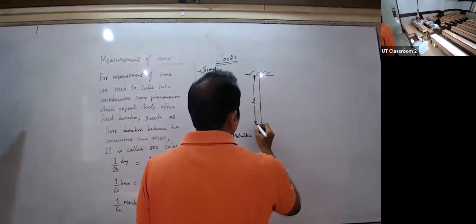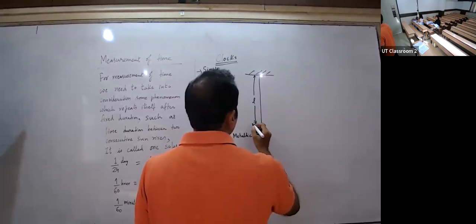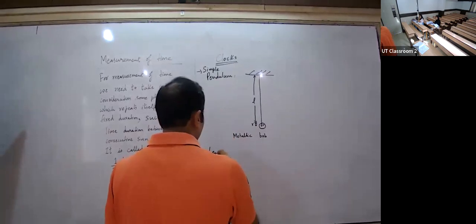The length of the string plus the radius of the ball makes the length of the pendulum.